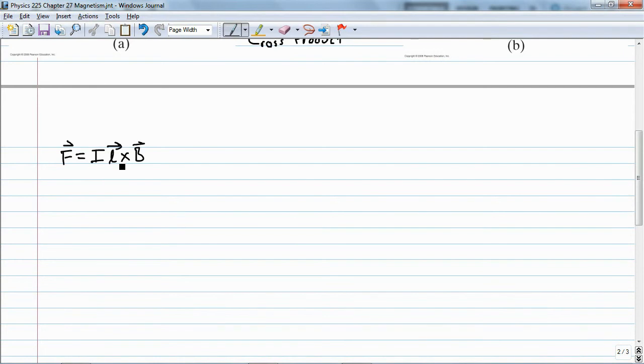Now the cross product can be simplified, and just to give an example over here, if I have C vector is equal to A vector cross B vector, then the magnitude of C is going to equal the magnitude of the A vector times the magnitude of the B vector times sine of the angle that the two make with each other.